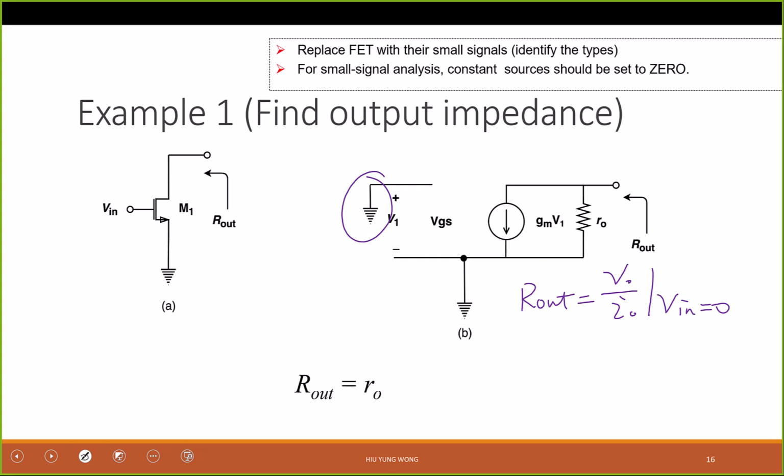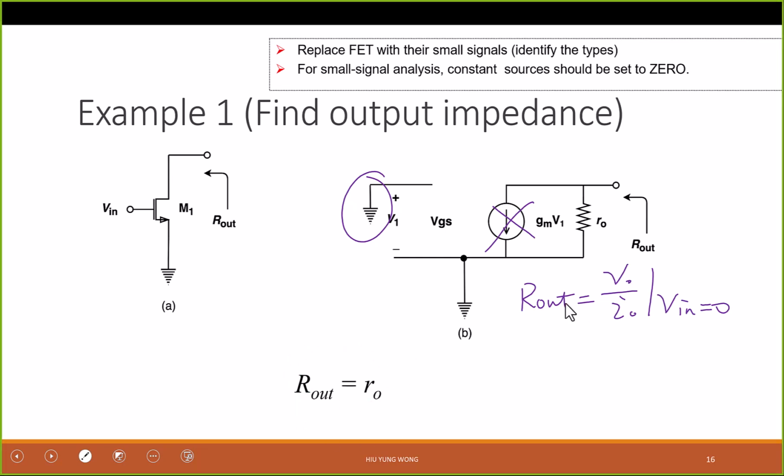Because this is 0, so VGS equal to 0, this is open circuit, right? You basically don't need to do any Ohm's law. Just look at here. You just ask anyone who knows resistor. What is the resistor when I look into this resistor? Of course, it's the resistance of that resistor, right? Very straightforward. So R out is R0.